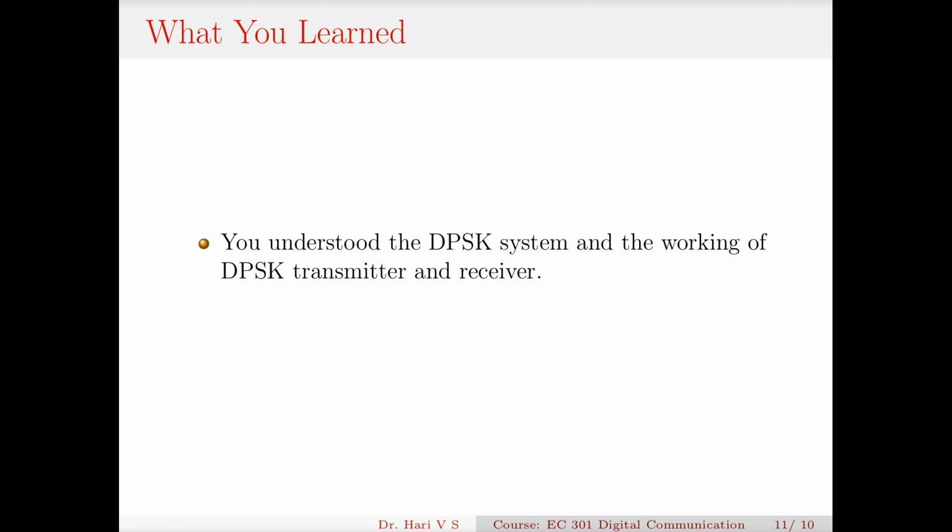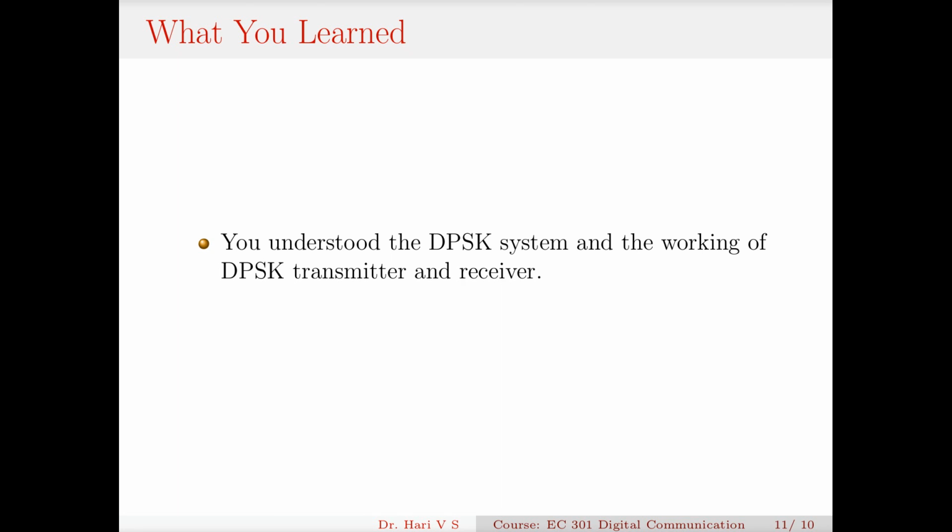Actually, in this module we understood the digital modulation schemes. Why do we do this? Because we cannot transmit bits through an antenna. Instead we convert them to sinusoids and transmit through an antenna or other communication channels. Now in this we saw the three coherent systems.